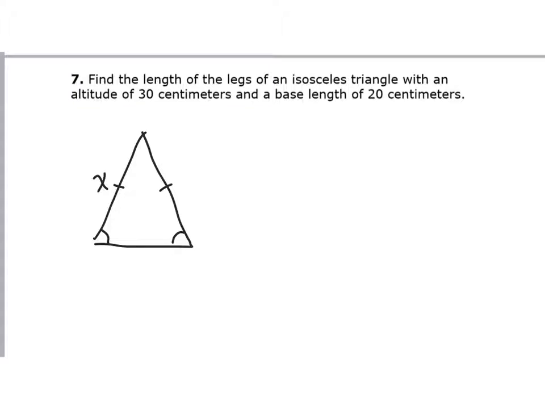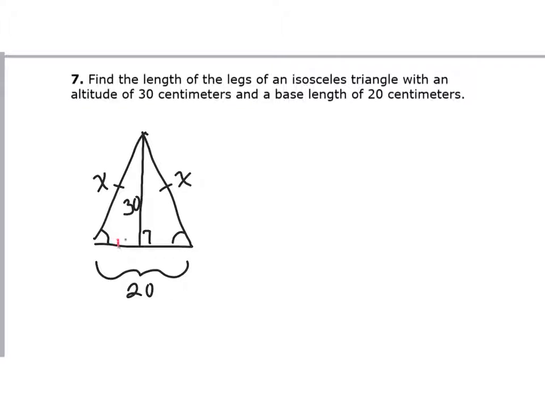So I'm trying to find these two things. Okay, I know they're the same because they're the legs. And my altitude is 30 centimeters. So from the vertex angle straight to the other side at a 90-degree angle, that is 30 centimeters. And my base length is 20 centimeters. All right, what should I do first?